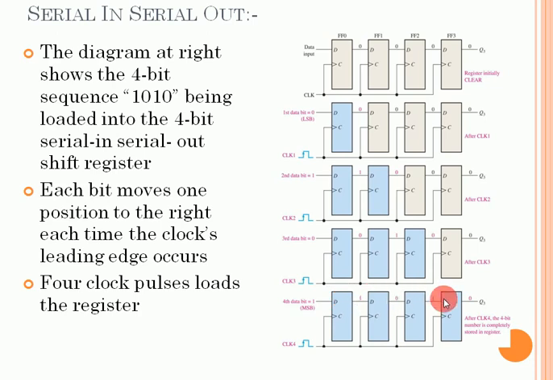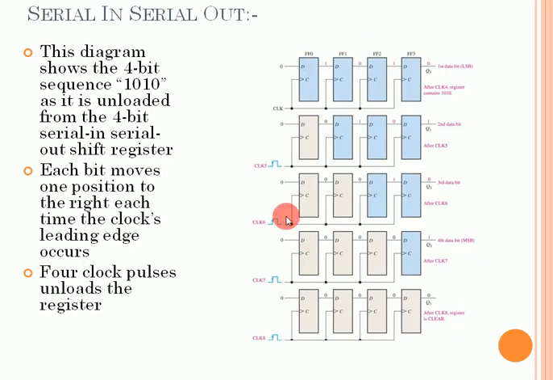We have loaded this shift register in a serial manner. Now we will learn how to unload the shift register in a serial manner also. Now we can see the 4 flip-flops are blue in color. That shows all these flip-flops are loaded, and the value loaded into the shift register is 1010.